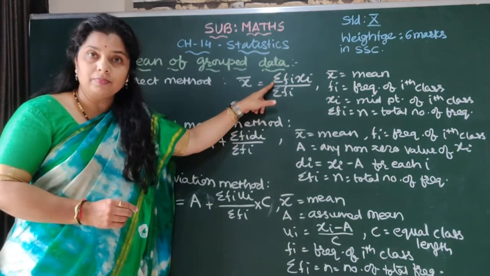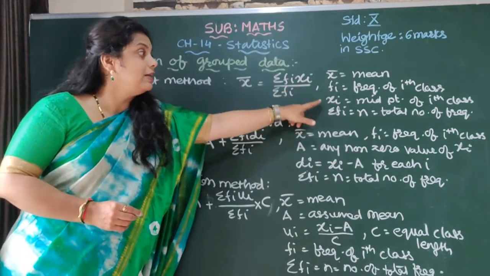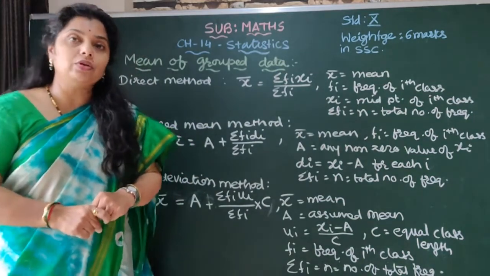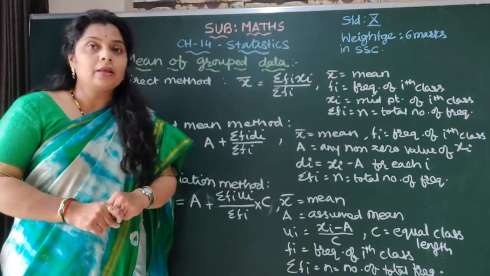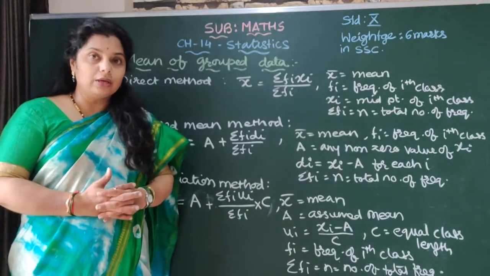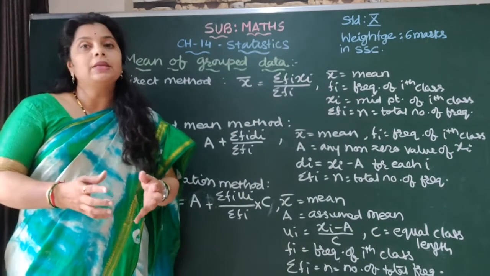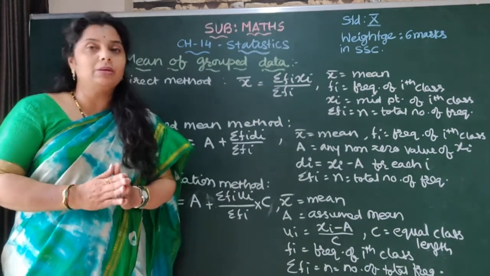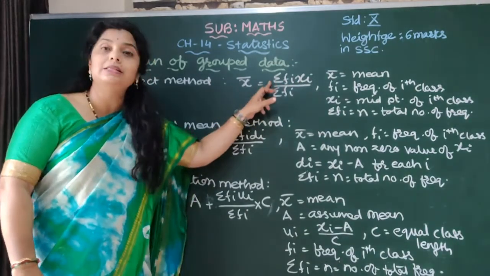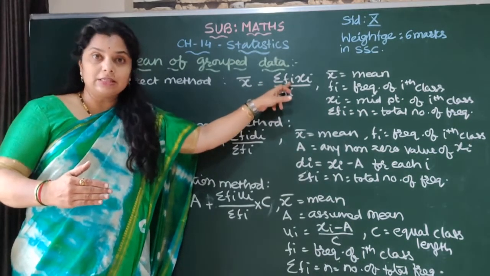Sigma is a sum, and fi xi is a product of frequency and xi, which is a midpoint. And you have already studied in 9th standard what is the formula of midpoint: upper limit plus lower limit by 2. In each class, if you want to find out the midpoint of the class, it is upper limit plus lower limit by 2. And here it is a product of these two, and then there is a sum of all the products, right? It is like this.